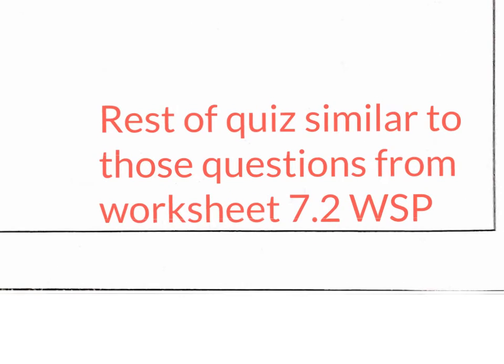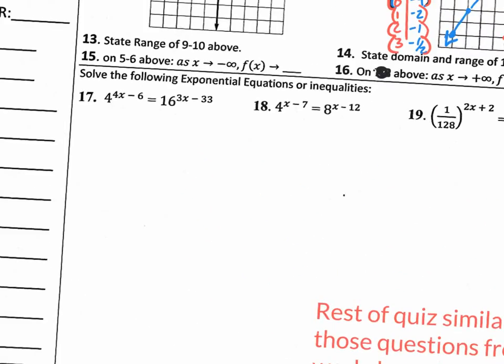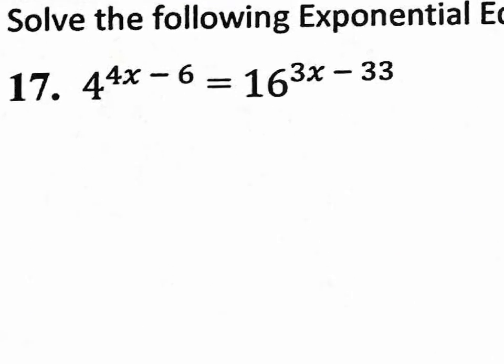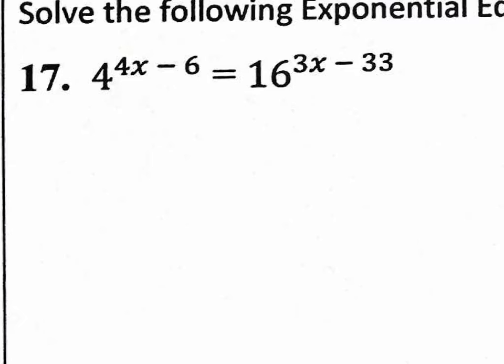And then we get to the fun stuff, the 7.2 stuff. The rest of the quiz is similar to the questions from worksheet 7.2, but let me just go over a couple of these. Like number 17 right here, I have the base 4 and the base 16. I need both of those bases to be the same base so I could eliminate them and then the powers come down.